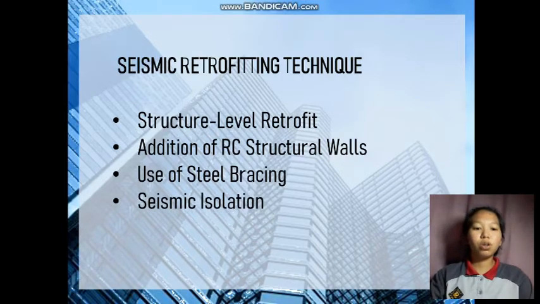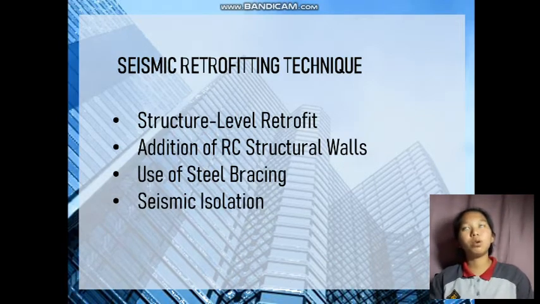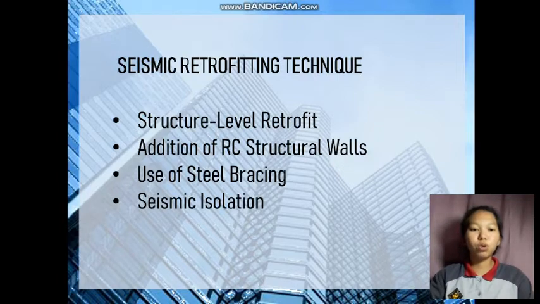Then the next method is the seismic isolation. The objective of this type of retrofit is to isolate the structure from ground motion during earthquake events.